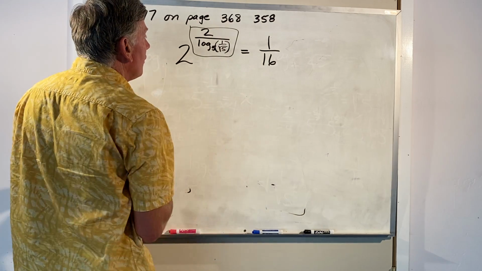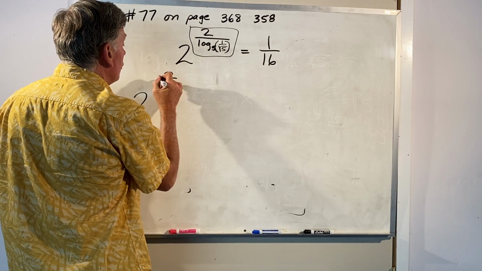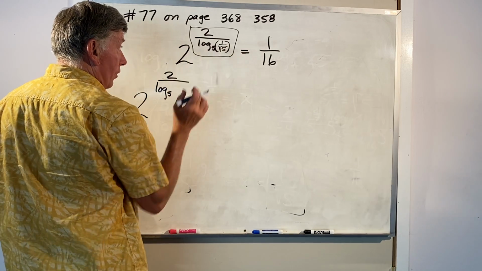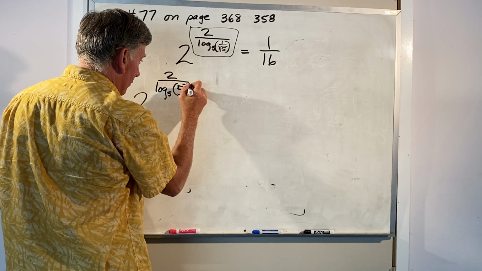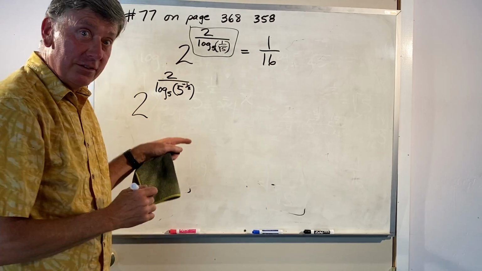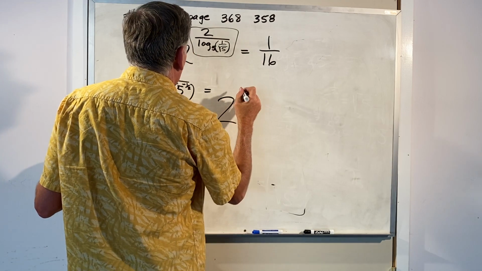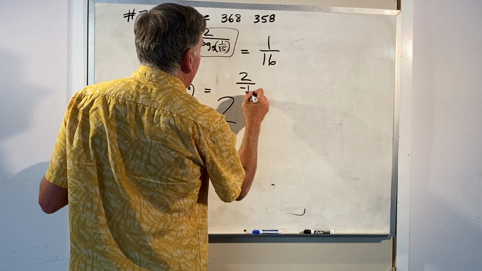Well, 2 to the 2 over log base 5 of 1 over the square root of 5, which is 5 to the minus 1/2 power, is equal to 2 to the 2 over log base 5 of 5 to the minus 1/2.